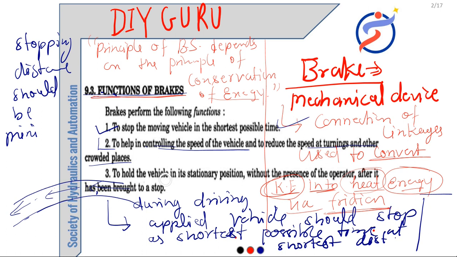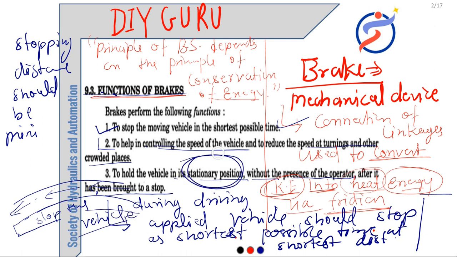The third is to hold the vehicle in its stationary position without the pressure of the operator after it has been brought to a stop. Again, a very important point. If you are in motion, the brake system helps stop the vehicle, and it holds it in its stationary position without the presence of the operator.